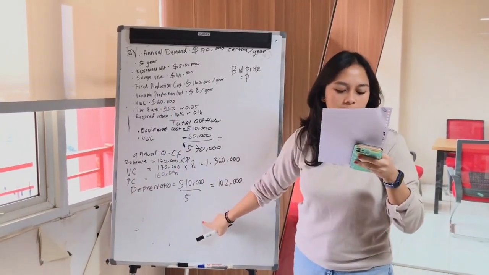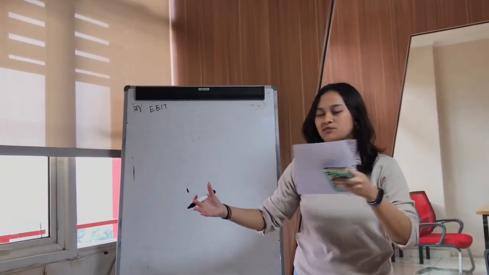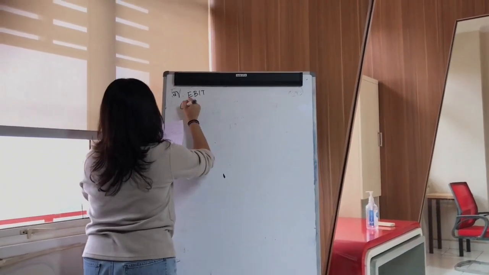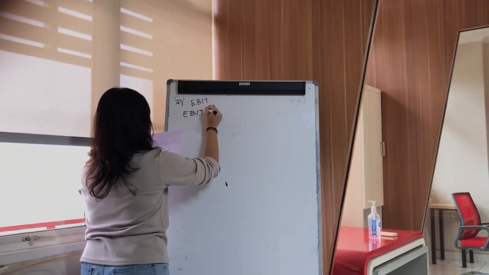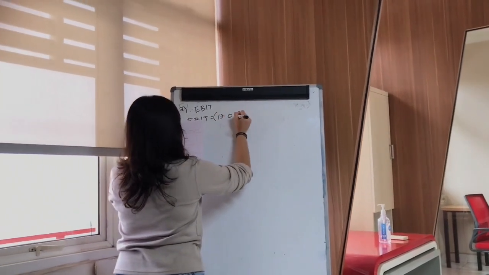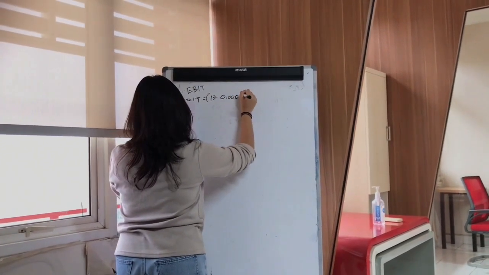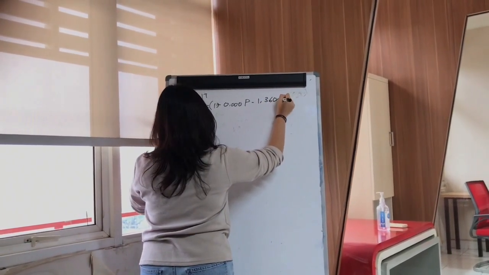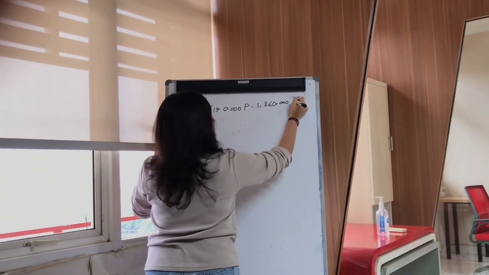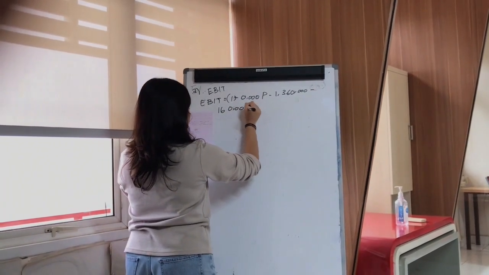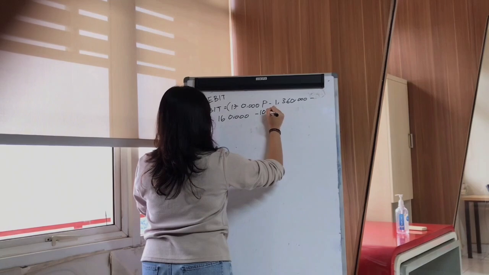For the next one, we will talk about the EBIT. EBIT equals 170P minus 1,036 minus 160 minus 102.